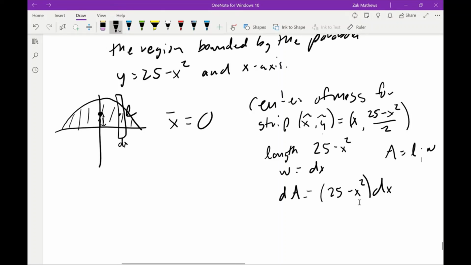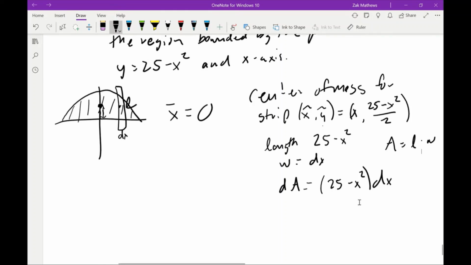So now we can begin to calculate the moment about the x-axis. Moment about the x-axis, remember Mx is equal to the integral of y squiggle dm.